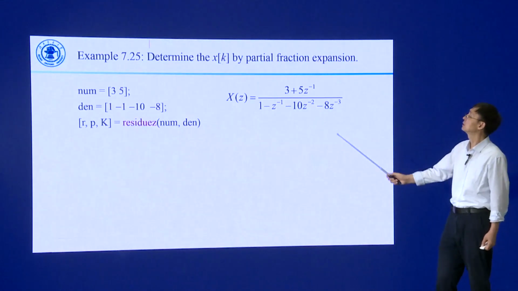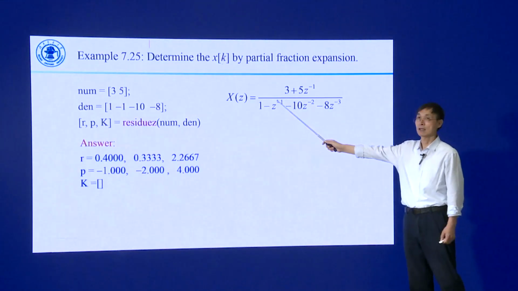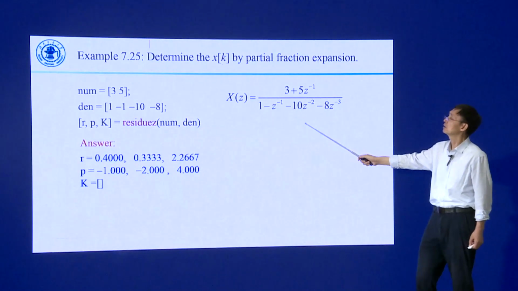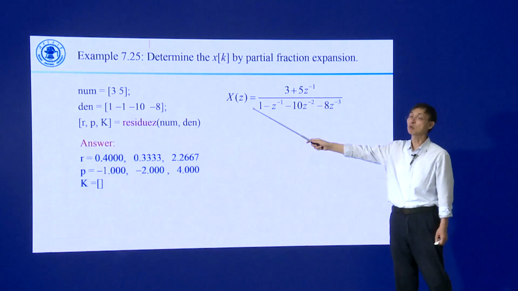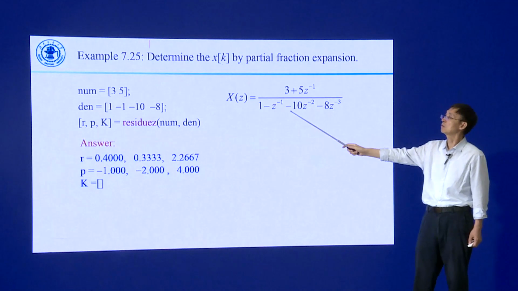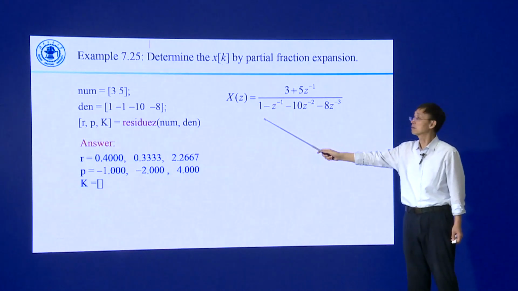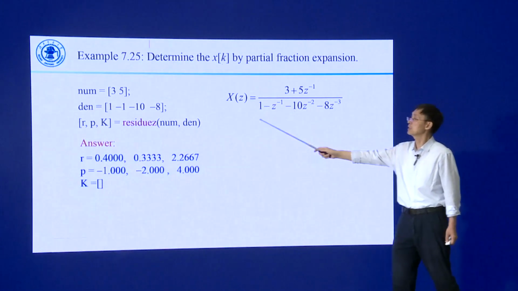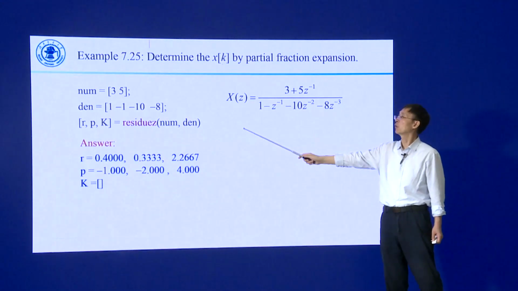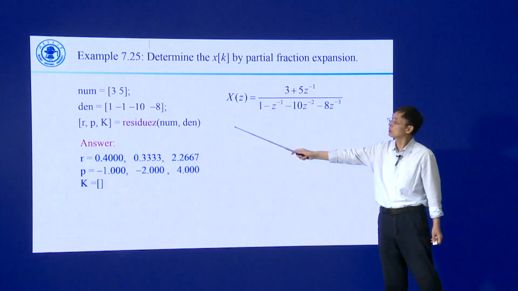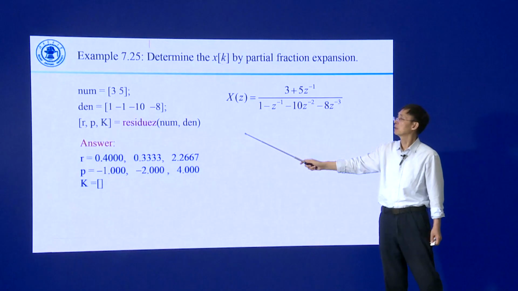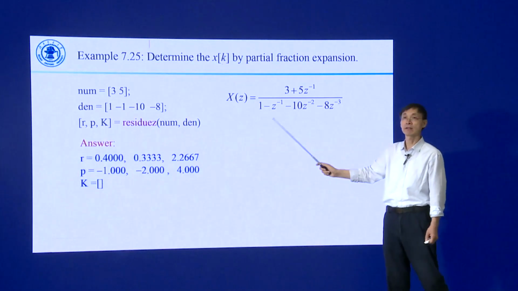For example, if we have this X(z), we can get the input parameters num and den. Using this MATLAB function, we can get the result R, P, and K vectors.